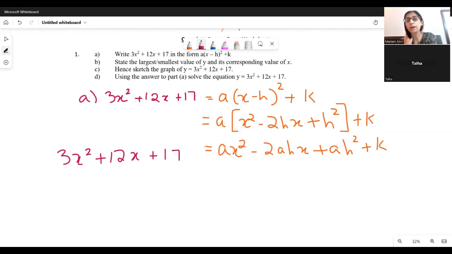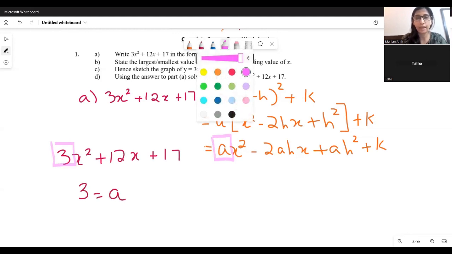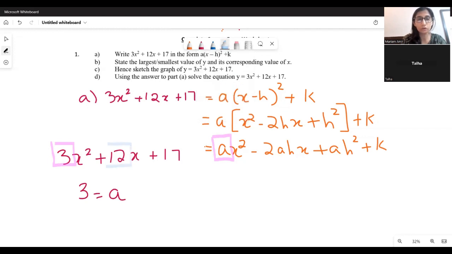So now you compare the coefficients. We have 3 as the coefficient of x² here, and we have a as the coefficient of x² here. That means a is actually 3. Then we have 12 as the coefficient of x here and −2ah as the coefficient of x here.